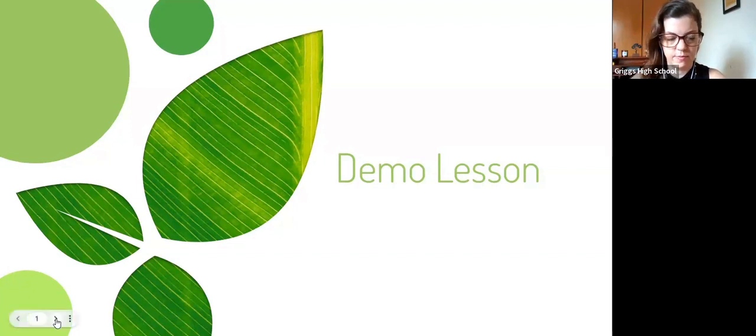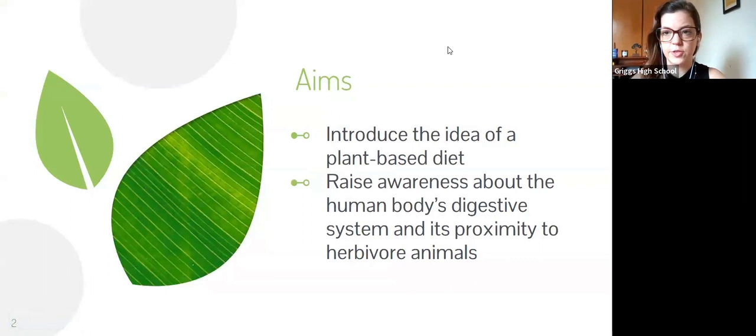Okay, so let's go. The aims for today are to introduce the idea of a plant-based diet and to raise awareness about the human body's digestive system and its proximity to herbivore animals.